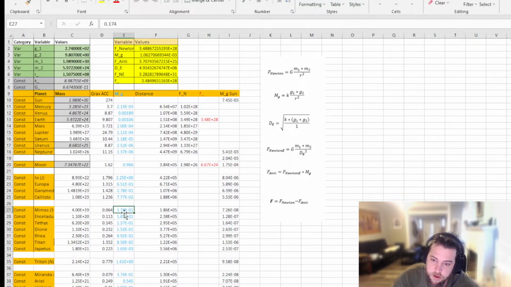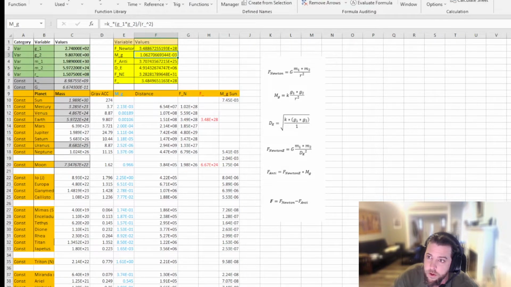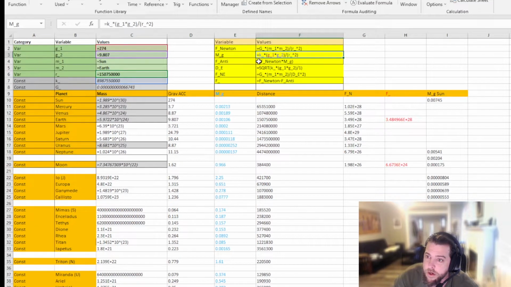I believe these are the moons of Saturn, and it's the same deal. If you add up all these numbers together, the modifier from this equation right here, I'm pretty sure I can show you the equation at least.